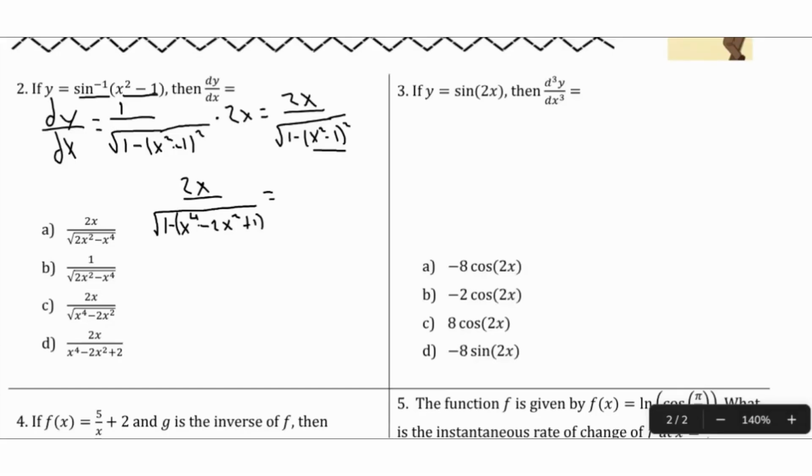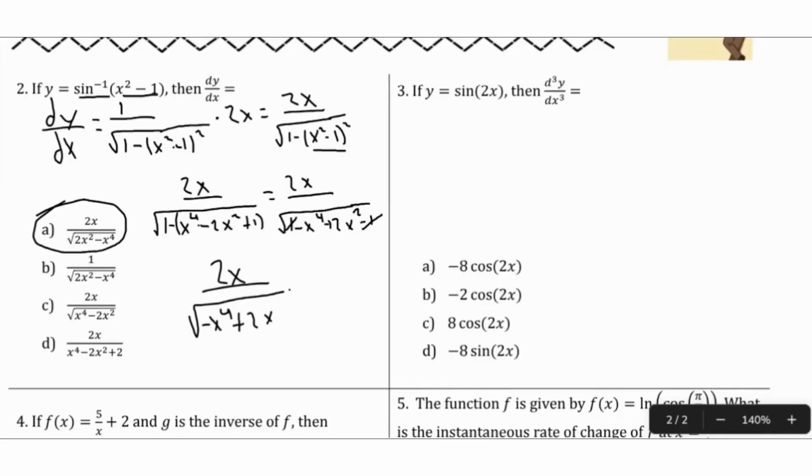Now we just need to distribute this negative: 1 minus x to the 4, plus 2x squared, minus 1. This 1 and this negative 1 will cancel out, leaving us with 2x divided by the square root of negative x to the 4 plus 2x squared. And that looks like answer choice A.